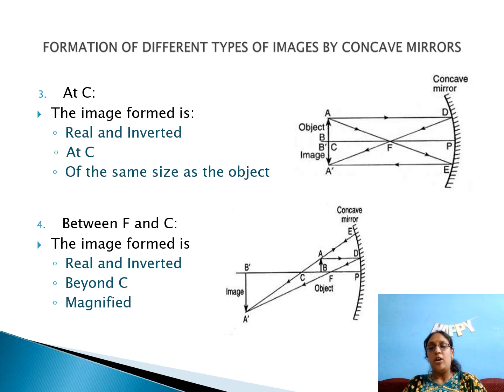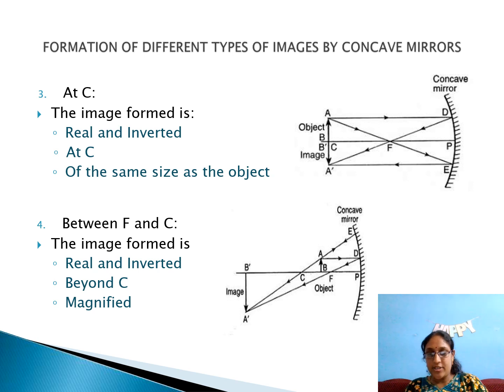The same principle. A ray parallel to the principal axis will come and fall on the focus. The same thing, when a ray passes through the center of curvature, it retraces its same path, the same rules. Here the object is placed at the center of curvature.